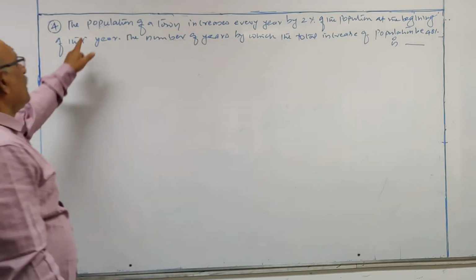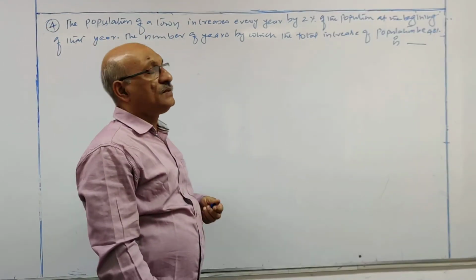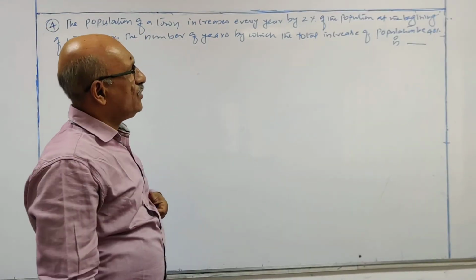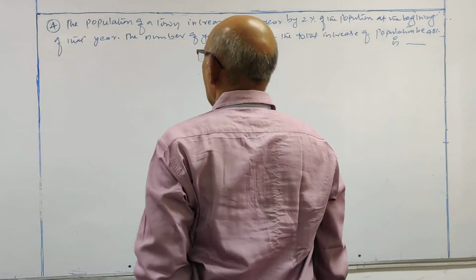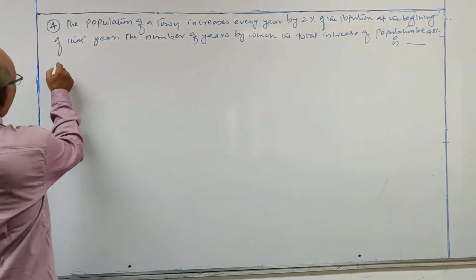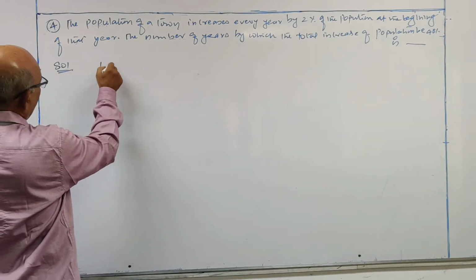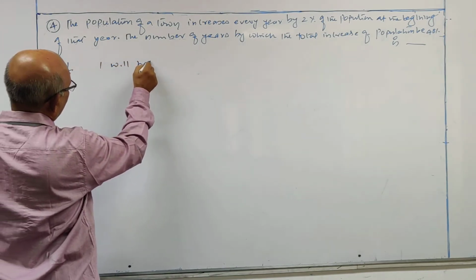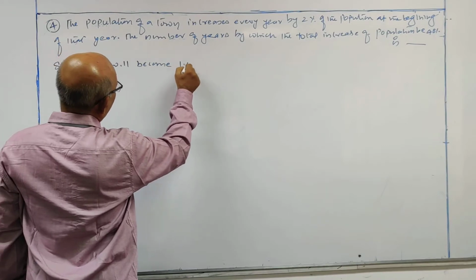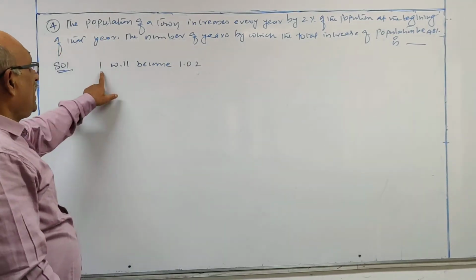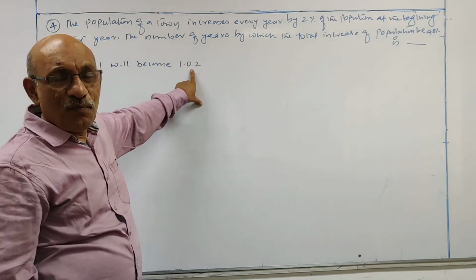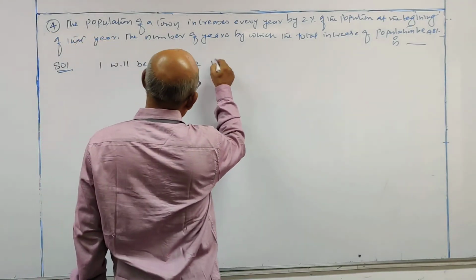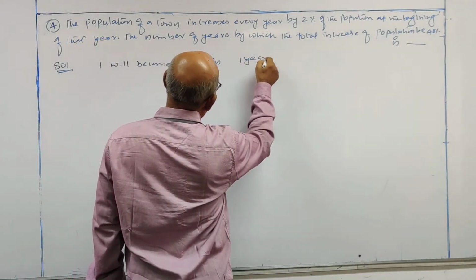Look at the question, sir. The population of a town increases every year by 2% of the population at the beginning of that year. What does it mean actually? If I take 1 as the initial value, it will become 1.02 in 1 year.